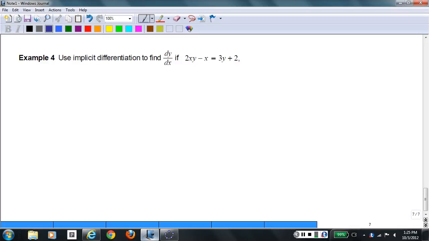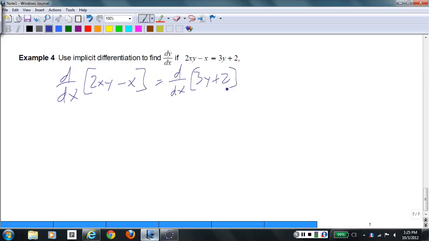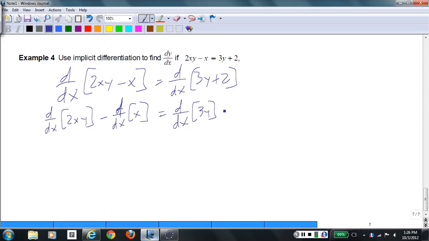But let's see what we get. d/dx of 2xy minus x equals d/dx of 3y plus 2. d/dx of 2xy minus d/dx of x equals d/dx of 3y plus d/dx of 2.